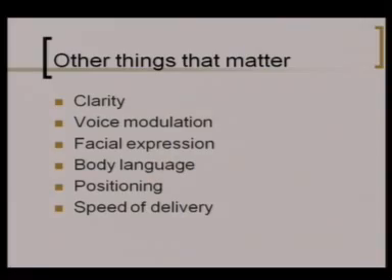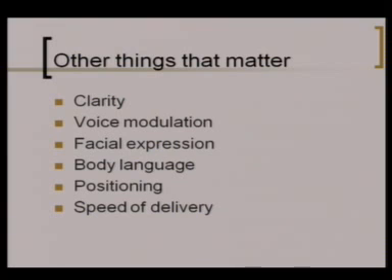Now let us look at what else speaking and conversation entail. Let's look at the slide. The other things that matter in effective speaking. Well, first is clarity of voice. I shouldn't mumble. Some people say, oh, all along the gentleman was sitting and talking to his paper or talking to his hands. What does that mean? That means he was sitting and mumbling. Then speak with clarity so that the other person can hear you.